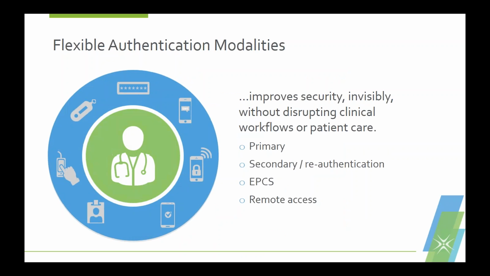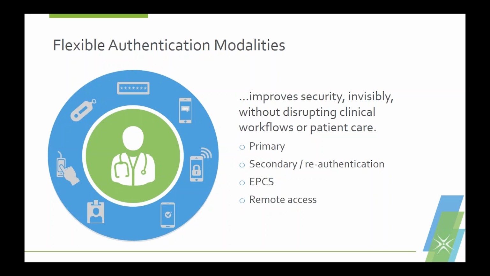So specific today, one of those items that we're going to talk about is flexibility and different authentication options. Again, balancing the security that we need with convenience that the users are looking for. You see that as a primary authentication method, and you'll hear that referred to in the industry through acronyms as tap in, tap out, tap and go, different things like that.